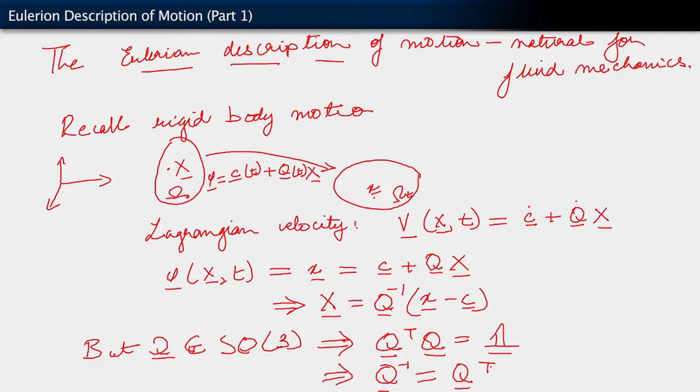Okay? That's the special property of orthogonal tensors. All right? So it implies for us then that capital X is Q transpose times little x minus c.